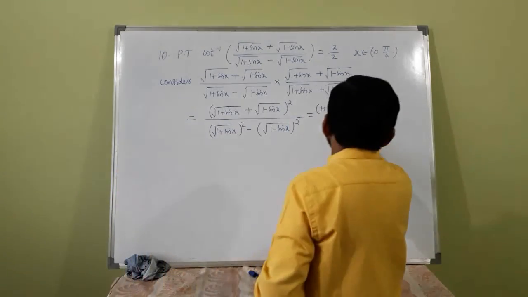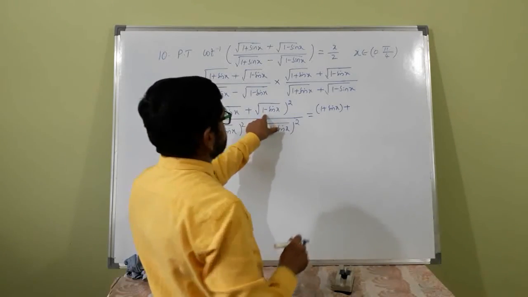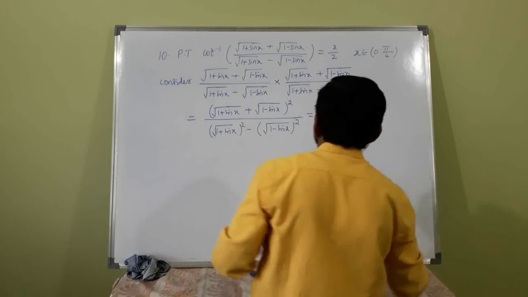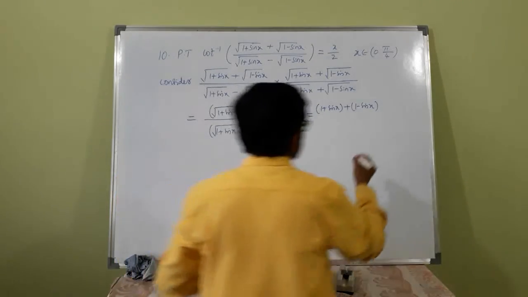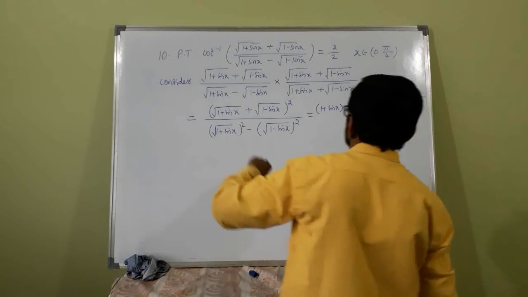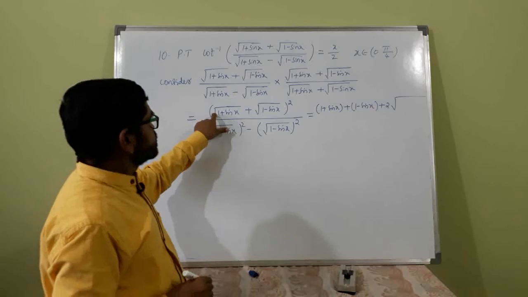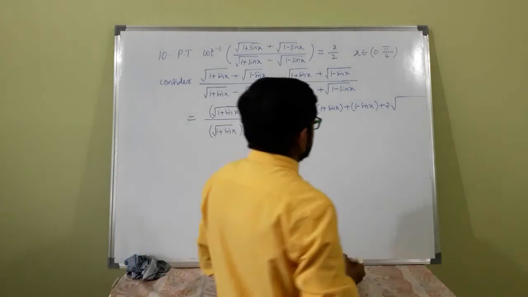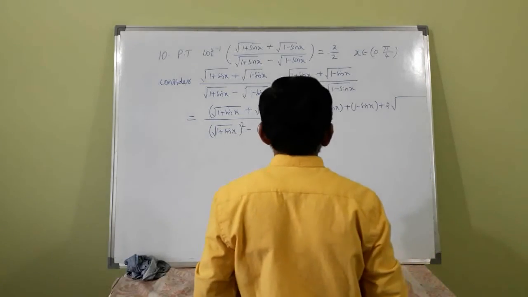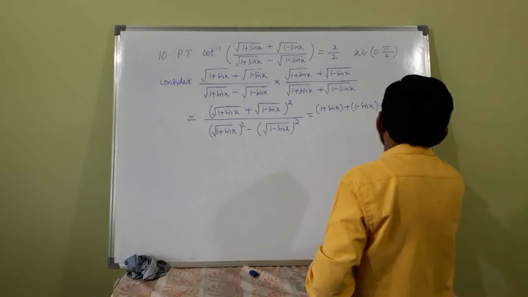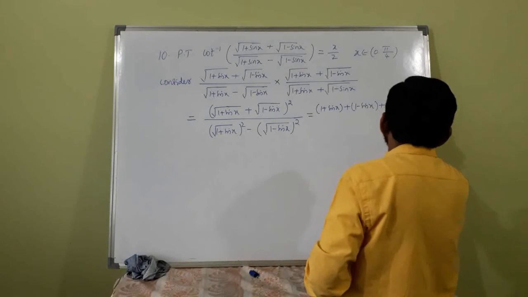Again plus this square, 1 minus sin x, plus 2 into square root of, see, root of 1 plus sin x, root of 1 minus sin x, 1 plus sin x into 1 minus sin x.